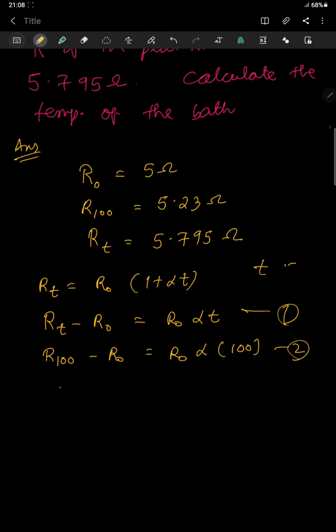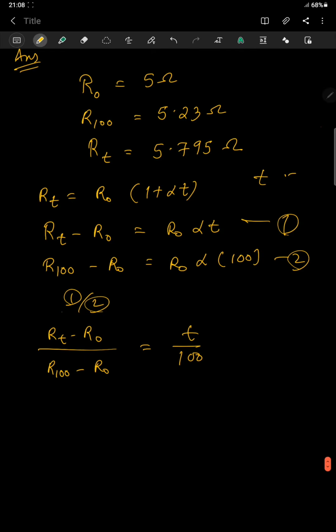Now divide both the equations, 1 by 2. If you divide it, you will get RT minus R naught divided by R100 minus R naught is equal to T by 100. All the rest will cancel out. So what will be the temperature T of the bath? T will be equal to RT minus R naught divided by R100 minus R naught, into 100.